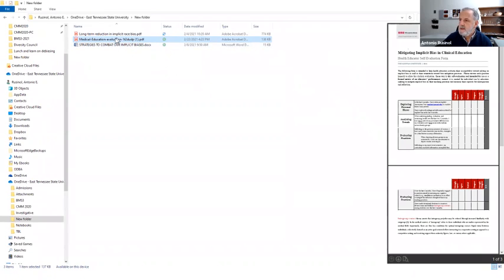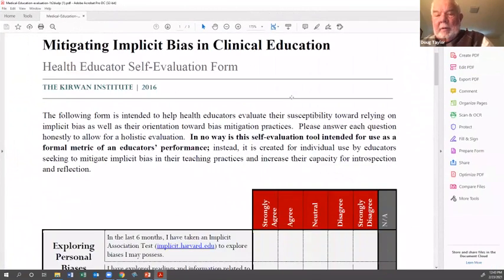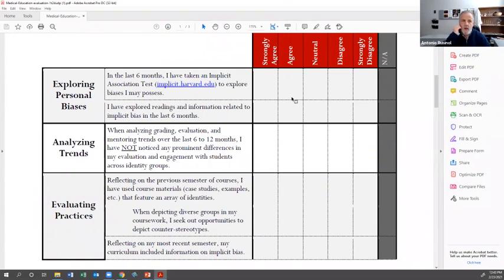Let me open it. Well, I'm not sure it needs to be open here, but I'd like to look at that form more closely, see if I could use it somehow in our business. So were you able to get it from the link?